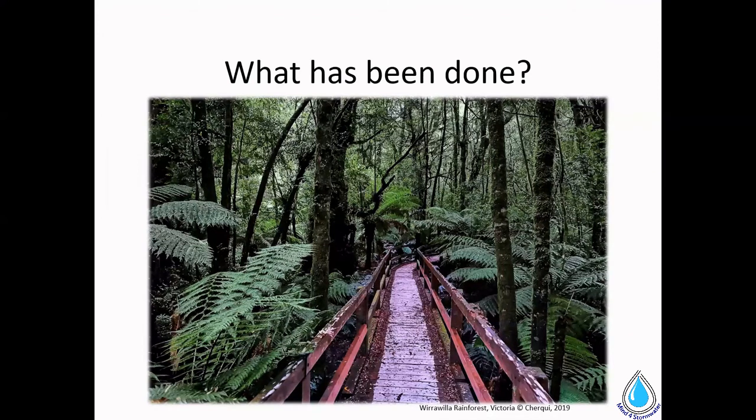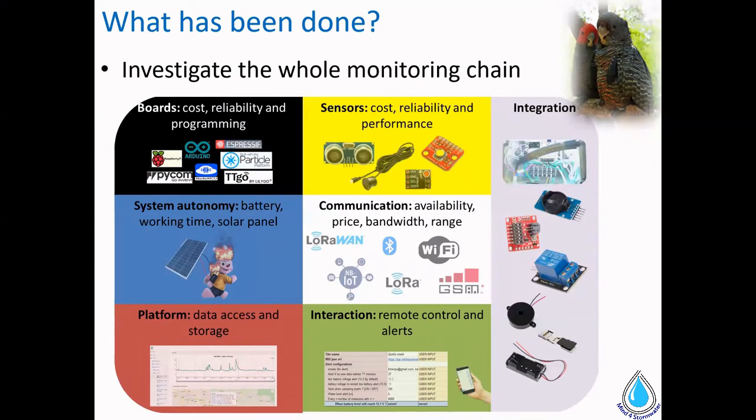So what has been done? We have investigated the whole monitoring chain. And so we have searched different boards and investigated costs, reliability of boards, and the way the board can be programmed.